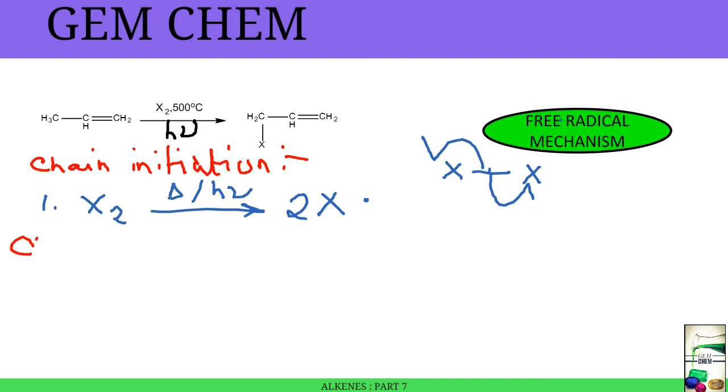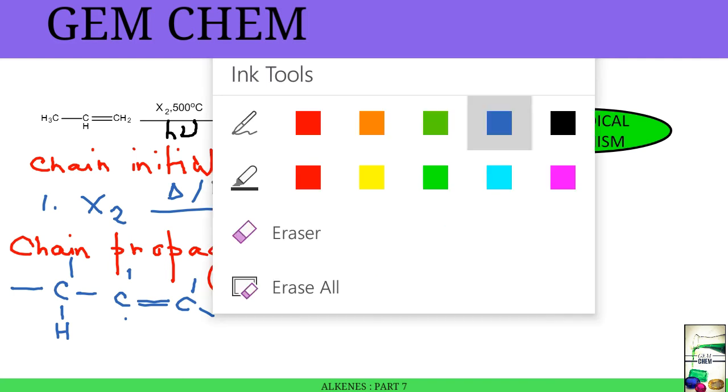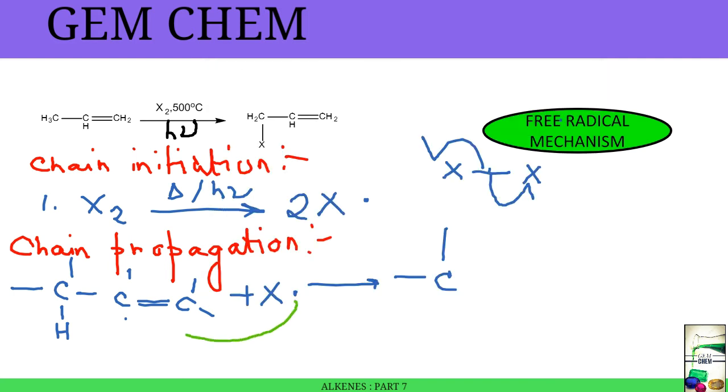The second step is chain propagation. In this case, what happens is the allylic part is being opened up and shown, and this double bond is being present already, plus this X dot produces a free radical. How does it produce a free radical? Now this comes here and the hydrogen gives up one electron towards itself and one towards here.